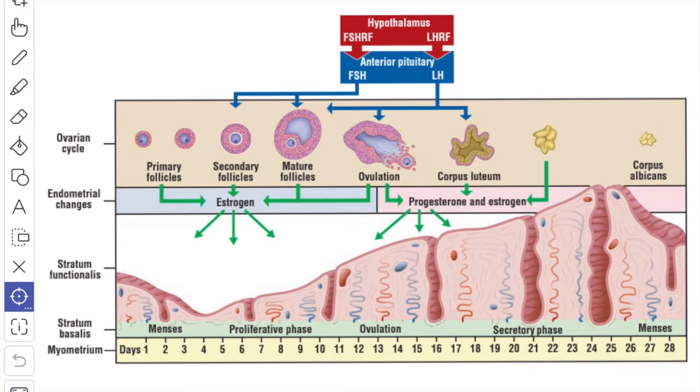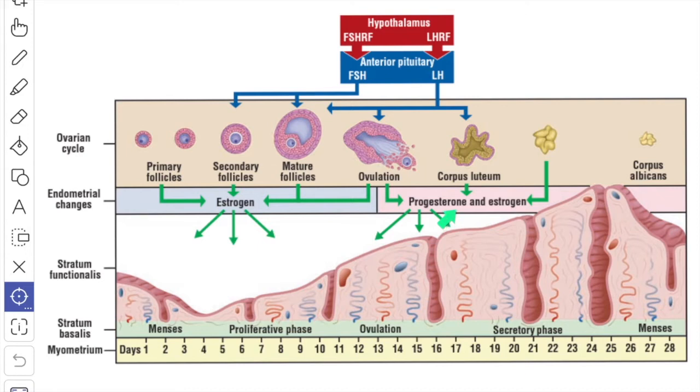The progesterone of the corpus luteum has the following effects in the female. It stimulates the secretory phase of the endometrium so as to prepare the uterus for the reception and nourishment of the fertilized ovum. It increases the tone, lessens the contraction of the uterine muscles, and prevents the expulsion of the developing embryo from the uterus.